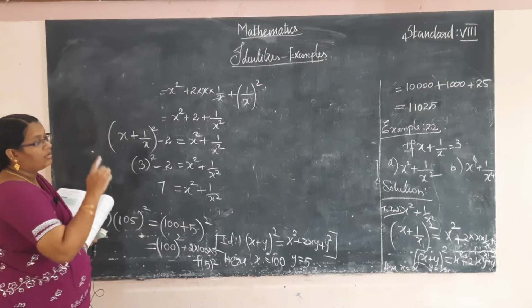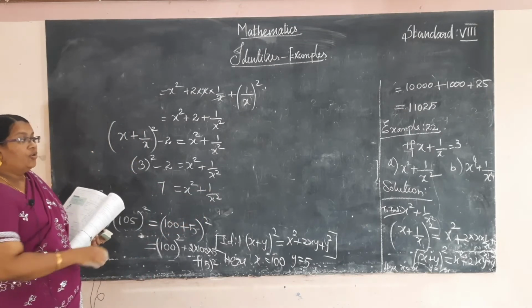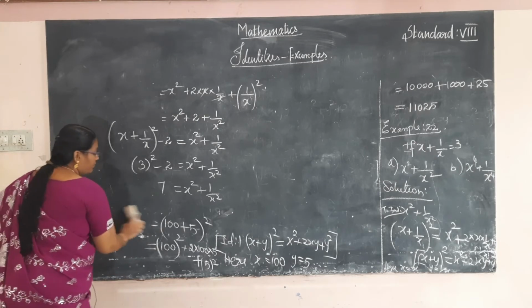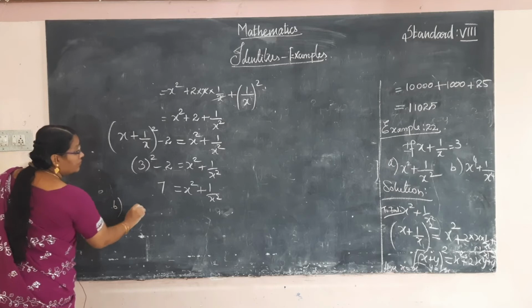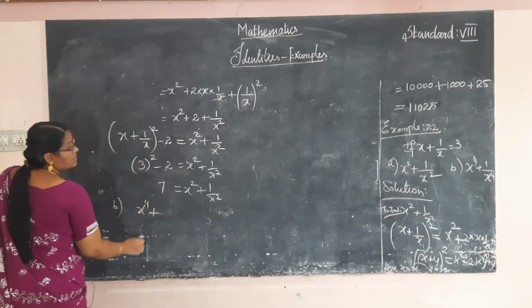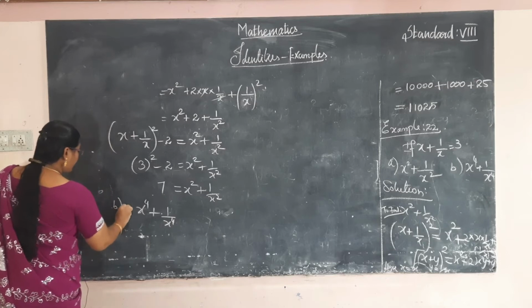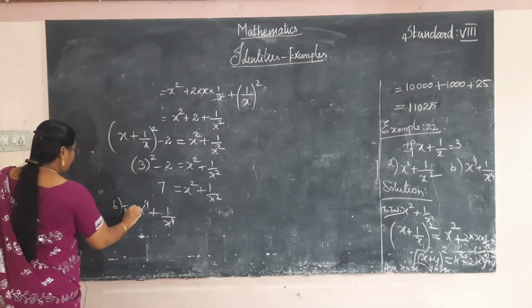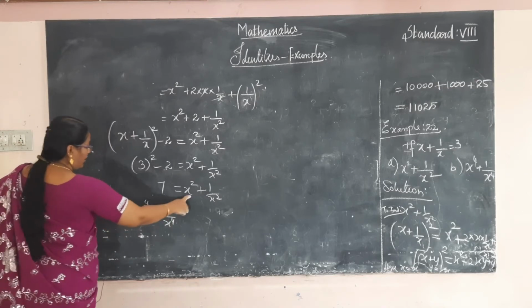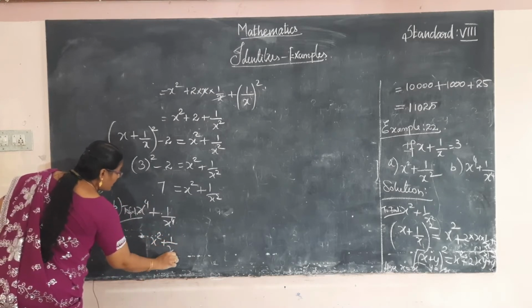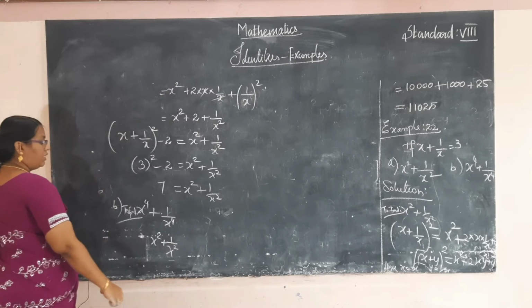Okay, now find out the value of x power 4 plus 1 by x power 4. Part B, x power 4 plus 1 by x power 4, to find. You already know that the value of x squared plus 1 by x squared is 7.